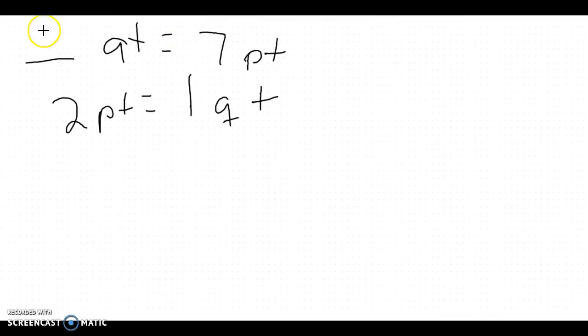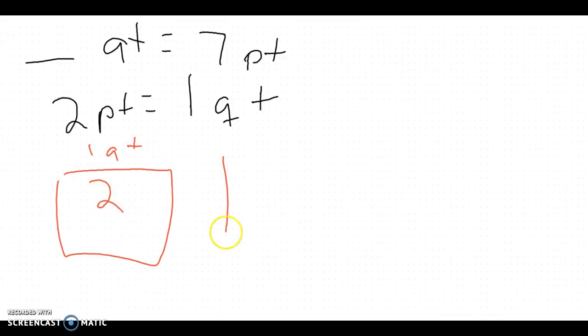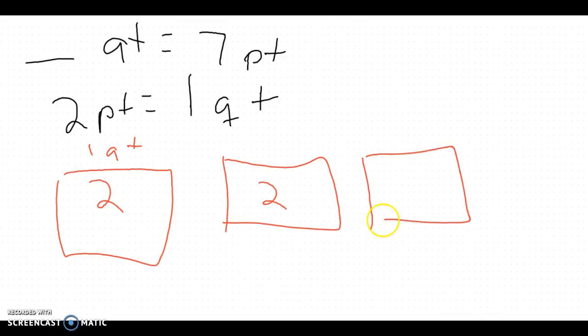So 1 quart would be 2 pints. 2 quarts would be 4. 3 would be 6. And we know if we were to add another one, that would be 8.